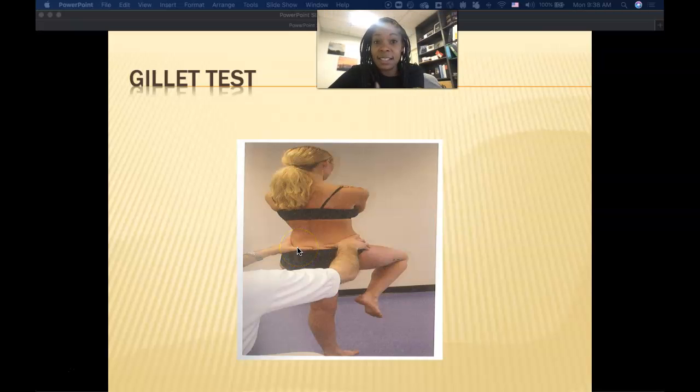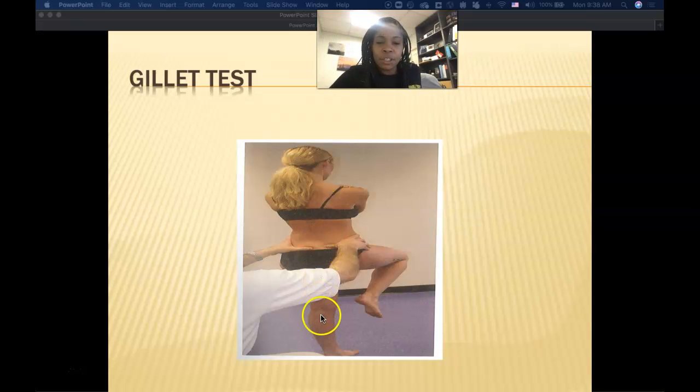I think the test itself actually calls for the clinician to place the thumb over the S2 joint, so that's how I'll teach it. And I actually like that because the sacrum should be stable, so that hand won't be moving much and you have a comparison side. So that's what I would use, but certainly your clinical preceptors may use the other PSIS as a gauge. It's really up to you.